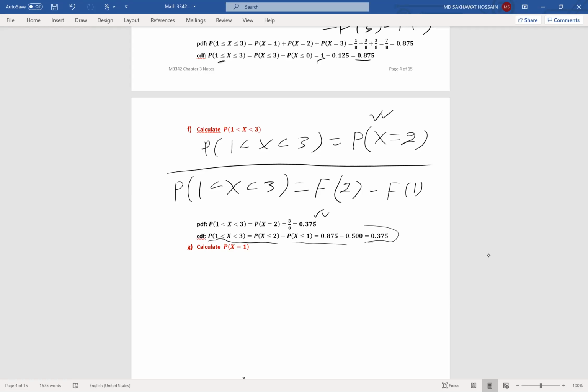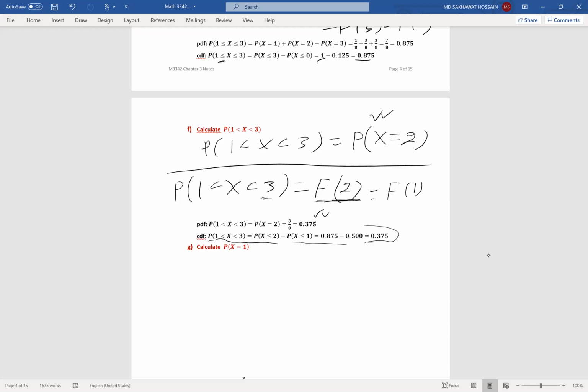So why did we use 2 and 1 here? The reason is that less than 3 means the value of x which is less than 3, the maximum value is 2, right? And here minus F of 1, so here we use 1.